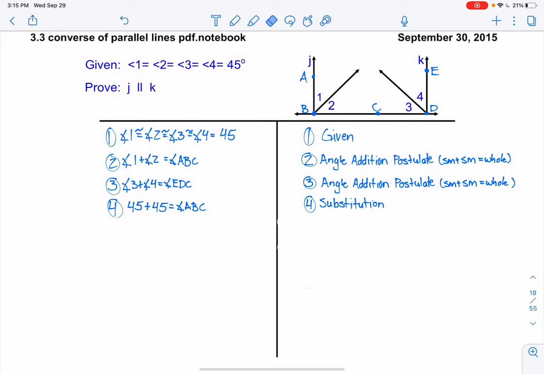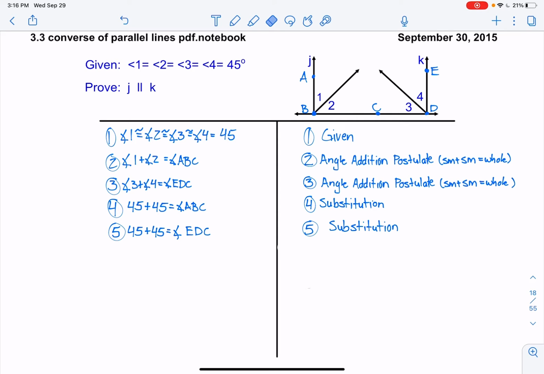And again, how do I know that? By substitution. And I can do the exact same thing for this angle. So I'm going to say 45 plus 45 equals angle EDC, for the same reason, by substitution.